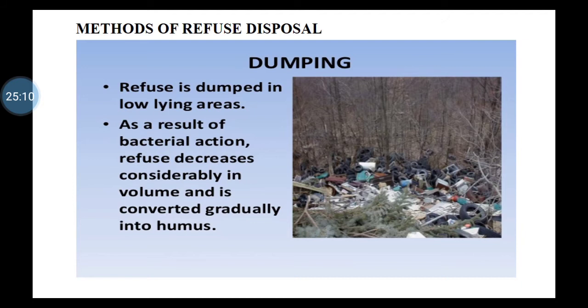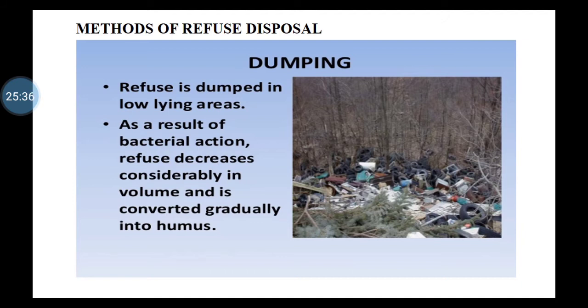So by this what will happen? By dumping, the low-lying areas are filled, and they can also be used for agricultural purposes after a considerable time period. Whatever refuse is dumped is finally to be covered by earth.